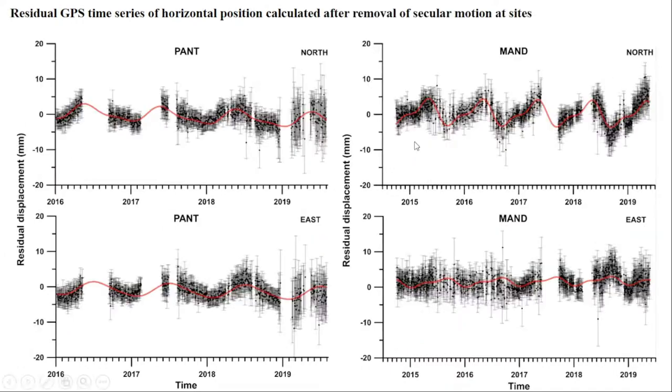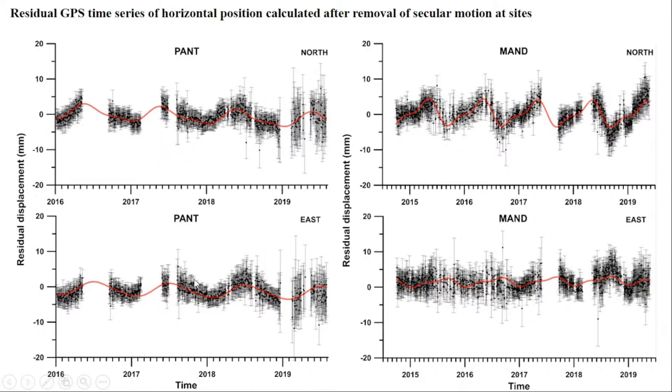Then this is the non-tectonic component, which you can remove. You can see sinusoidal motion in the Pantnagar station as well as in the Mandal station. In the Mandal station, the sinusoidal motion due to hydrological loading is detected very conspicuously, but it is less in the east-west component as well as in the Pantnagar station.